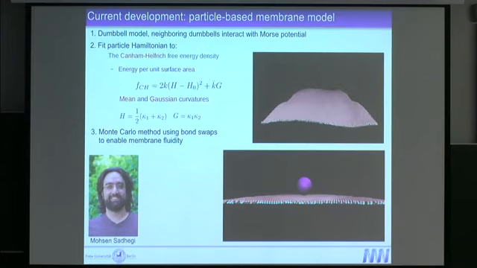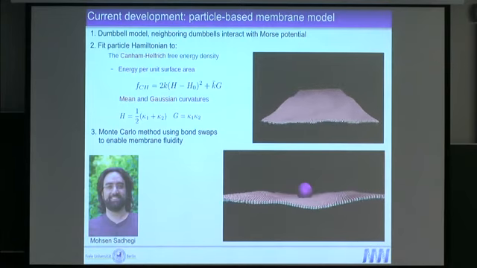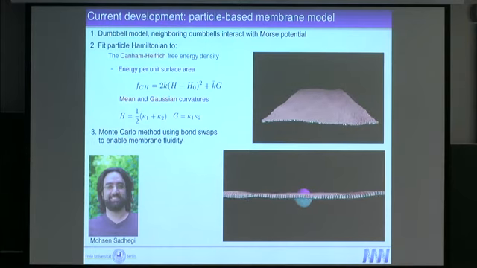And you can simulate this model and get the equilibrium fluctuations, and there's also a way to check that you're simulating the right fluctuations. And because we have Morse potentials and membrane fluidity, we can also simulate things like endocytosis. So this is actually the uptake of a nanoparticle by the membrane just by hydrophobic forces.